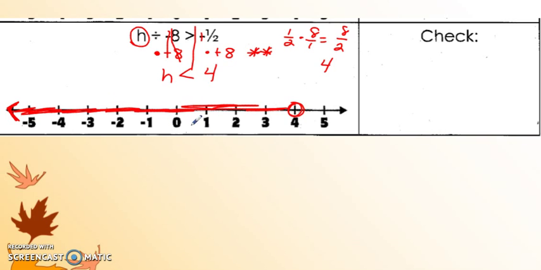I can pick 0 to check my answer, so I'm going to check if 0 divided by negative 8 is indeed greater than negative 1/2. Well, 0 divided by anything is 0, and 0 is always greater than negatives, so that checks out.